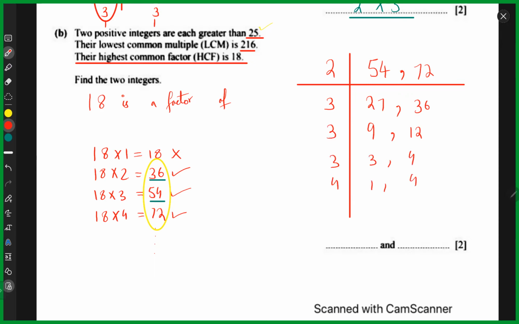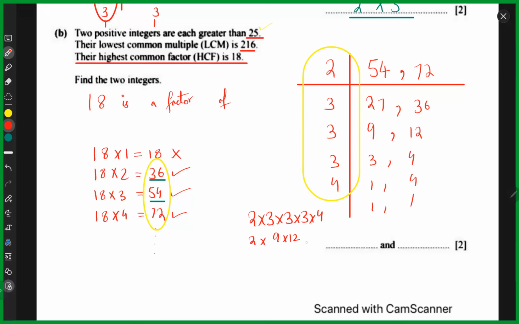So it would be 1 and 1. This time around, we need to multiply all these numbers, and this is going to give you 2 multiplied by 3 multiplied by 3 multiplied by 3 multiplied by 4. So 2 multiplied by 9 multiplied by 12. Please do that on your own.